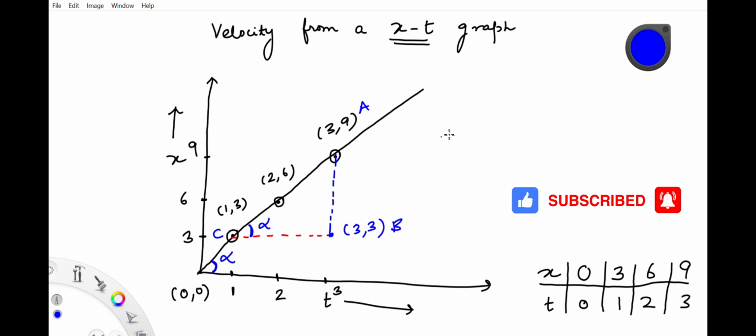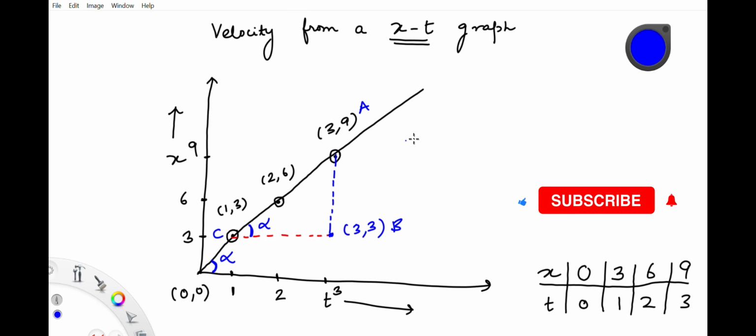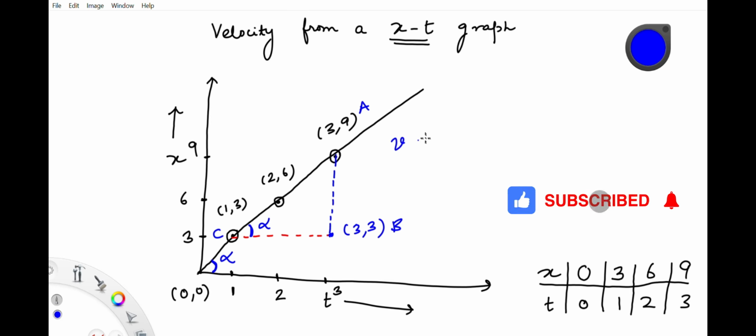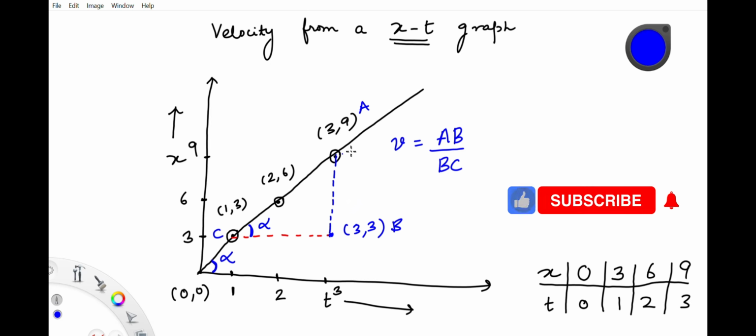Now, to find the rate of change, velocity, what I do is I basically take the ratio of AB upon BC.